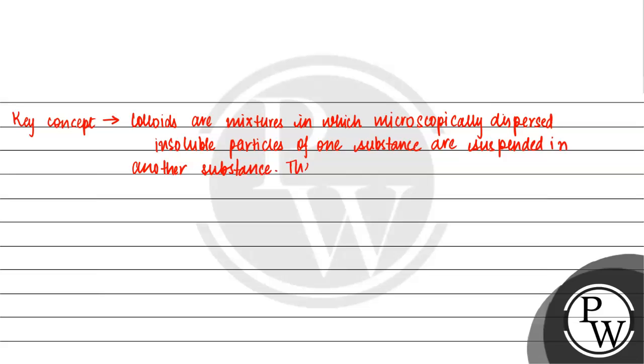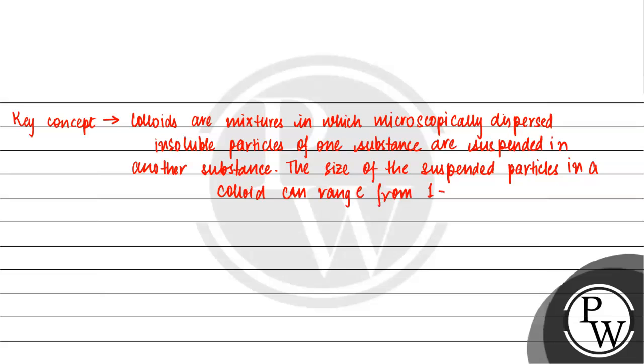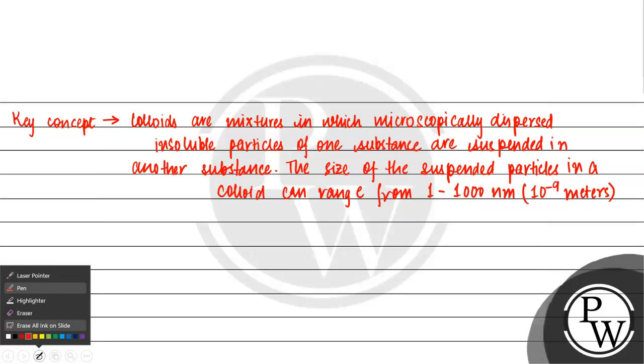The size of the suspended particles in a colloid can range from 1 to 1000 nanometers, and this value when converted to meters is equal to 10 to the power minus 9 meters. Now let us talk about the question that has been given to us.